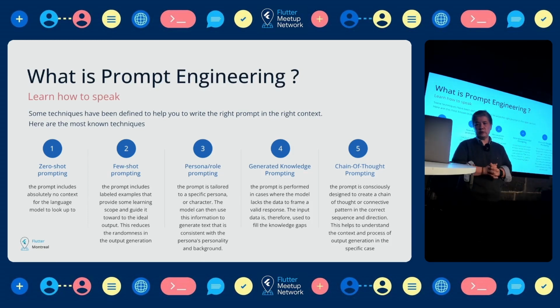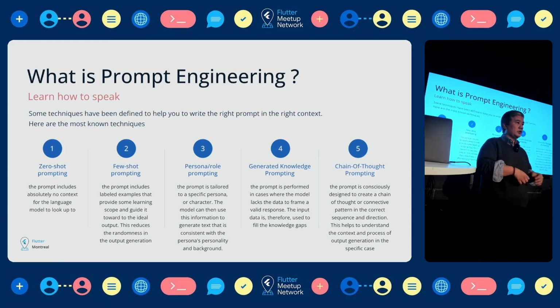And the last one is chain of thought prompting. So with chain of thought, you are going to teach it how to reason. For example, if you want it to write a story, you can tell it how to write a story. You start with once upon a time. The second step is to describe all the characters in your story.